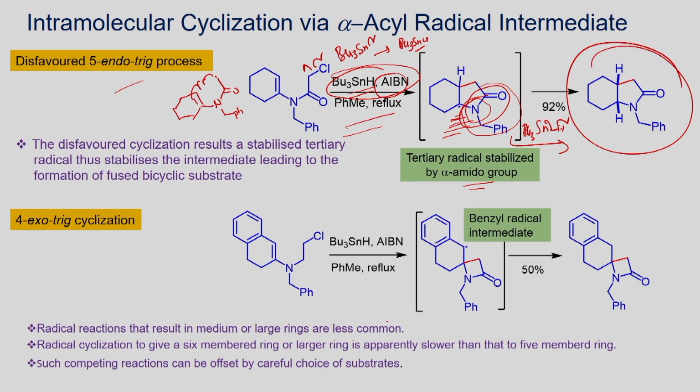Now let us look at another molecule where it can lead to the formation of this 4-member lactam as the product. As we have just seen, the tributyl tin radical can react with this carbon-halogen bond.